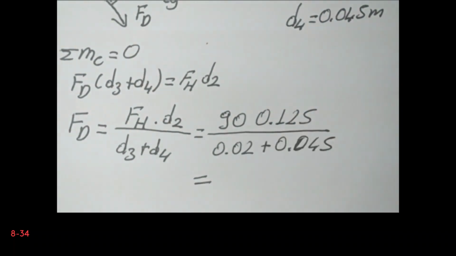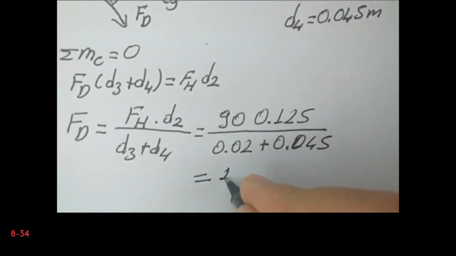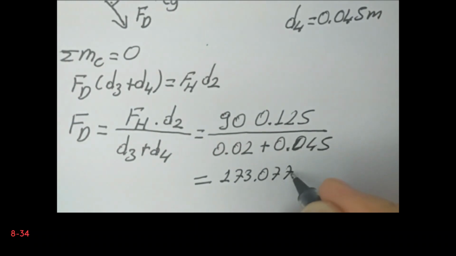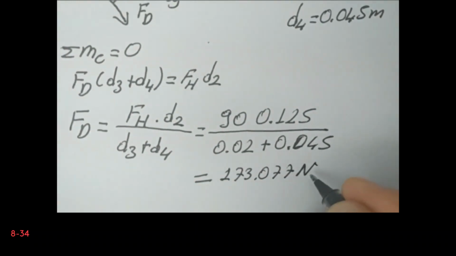If you make the calculation, the value is 173.077 newtons. So Fh is already known to be 90 newtons.